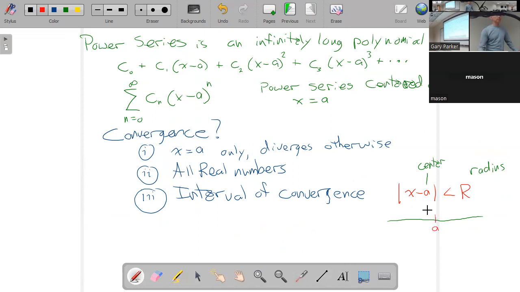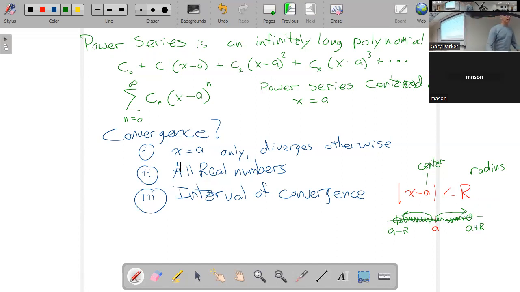Often we'll center at 0. So this inequality then says from a, we're looking for any x value whose distance from a is less than r. That means I can go as far out to the right as a plus r, or as far out to the left as a minus r. So all the numbers in here are good. If I pick any of those values, I'll have a convergent series.